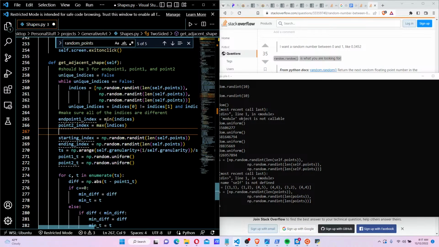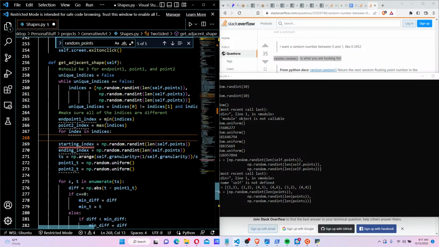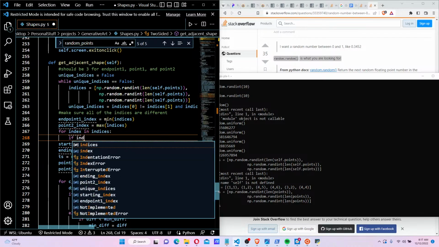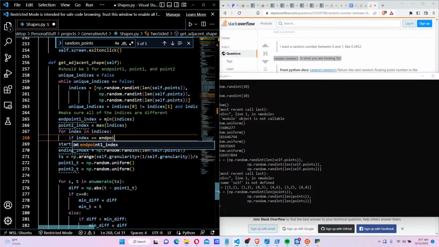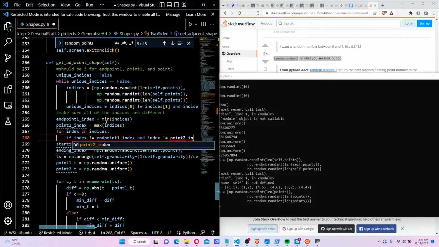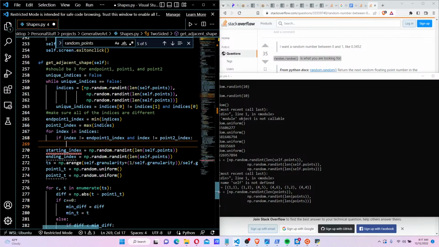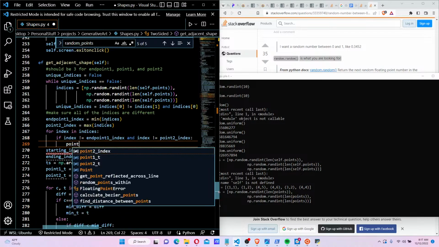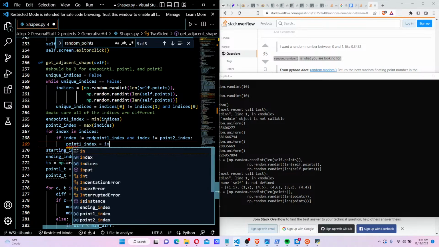And now, point 1, for index in indices, if index is equal to endpoint 1 index, well, then I could actually say if index is not equal to endpoint 1 index and index is not equal to point 2 index, then point 1 index is equal to index.